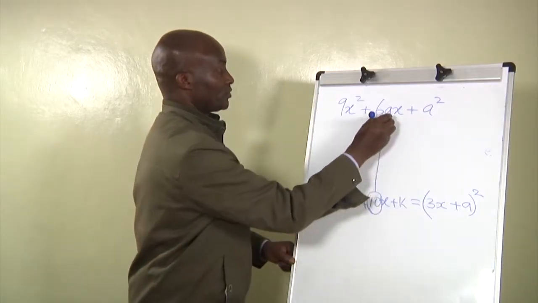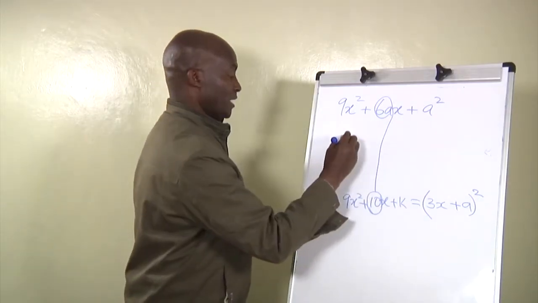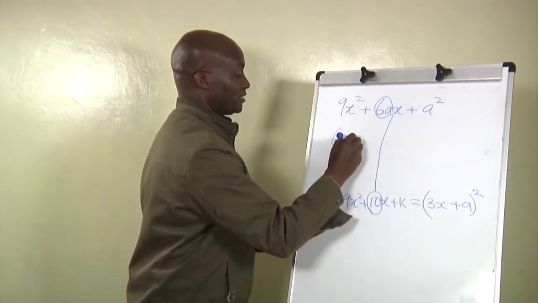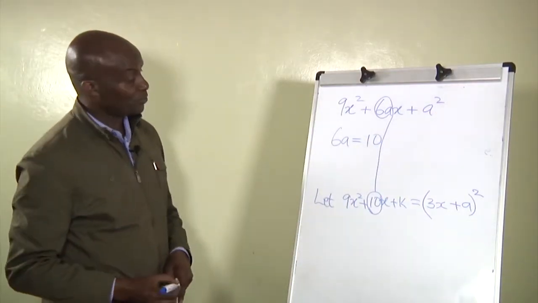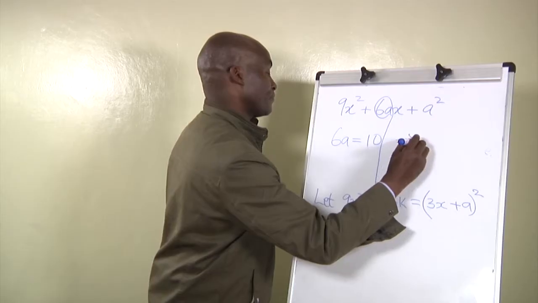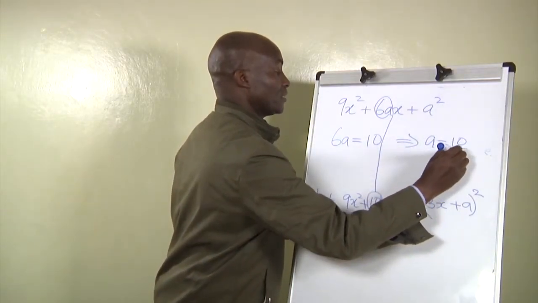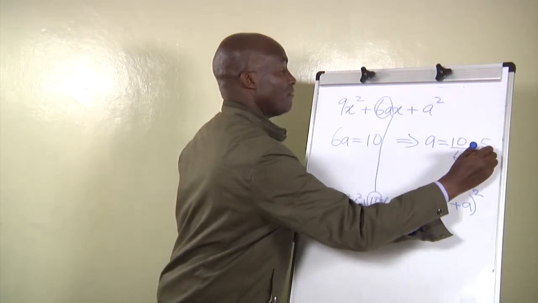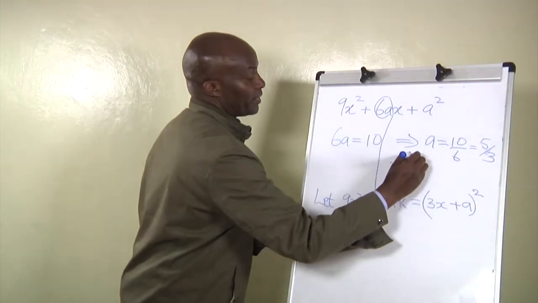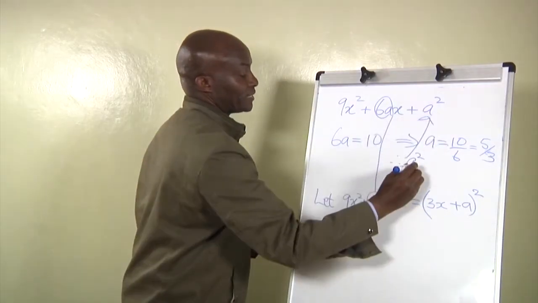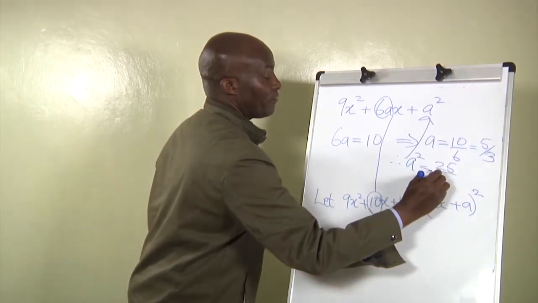And therefore, we write 6a is equal to 10, which leads us to a equals 10 over 6, or 5 over 3. And therefore, a squared, the last term, will be 25 over 9.